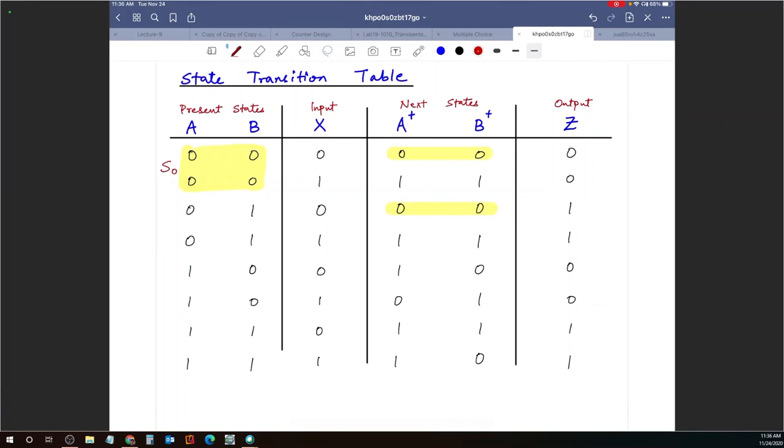Then I'm going to do the same thing for 0, 1. Where is 0, 1? It's right here. That's it. That can be my state 1. 1, 0.